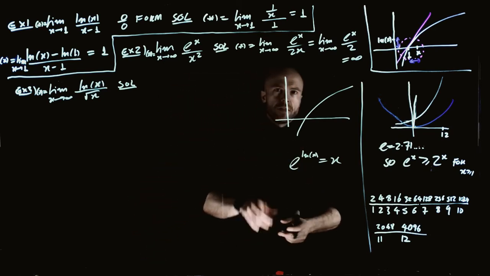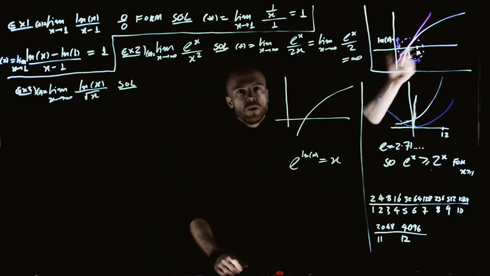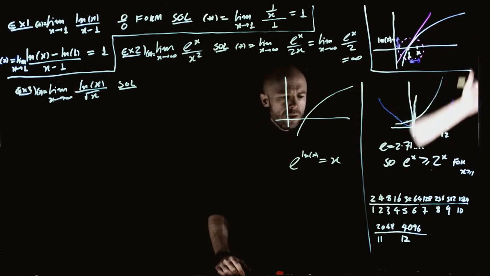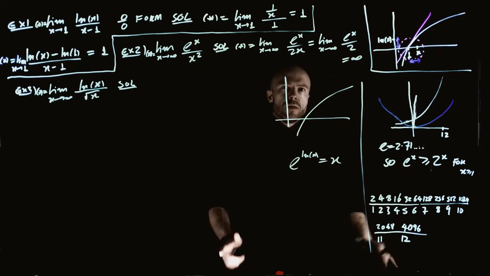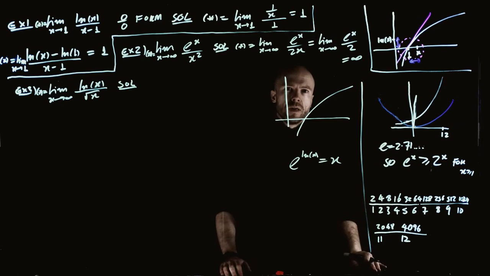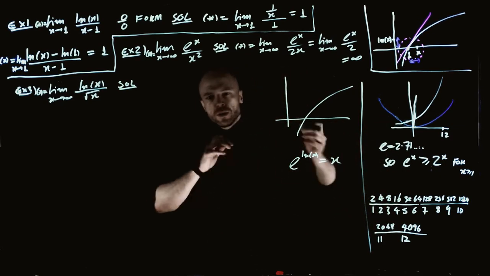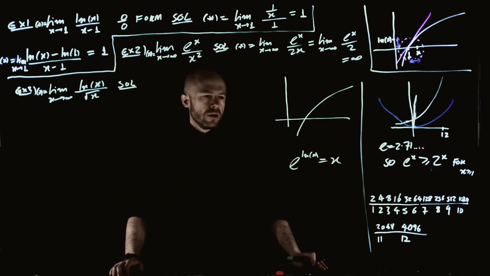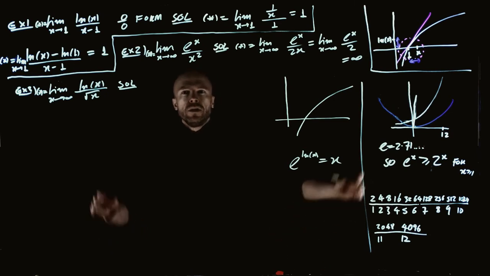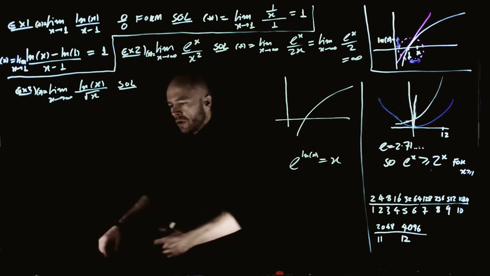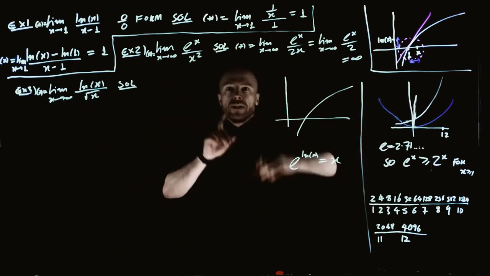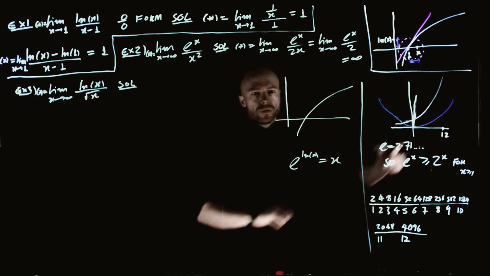However, if we take x and apply e to it, then we're going to get something way bigger than x. Yeah? And then log has to unwrap that, right? So log of x has to be way smaller than x for large x. It has to be so much smaller as to unwrap the fact that e to the x is so much larger, right?